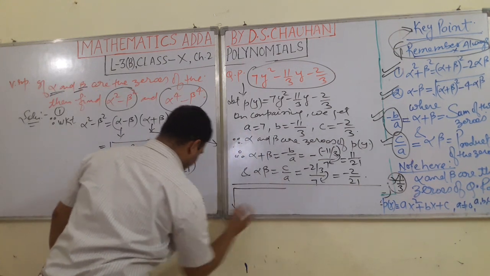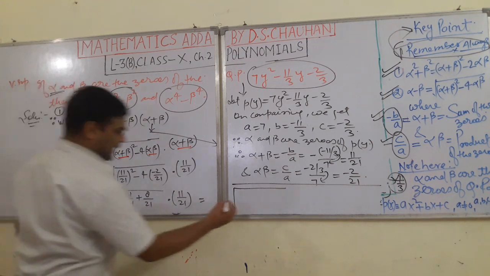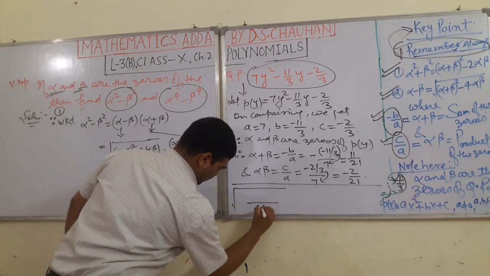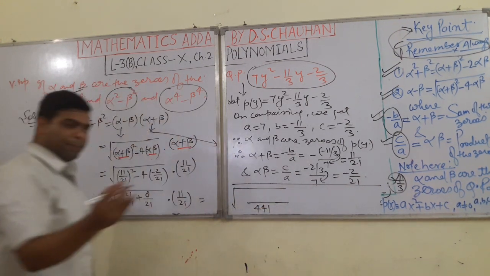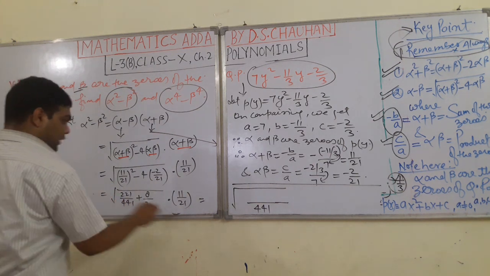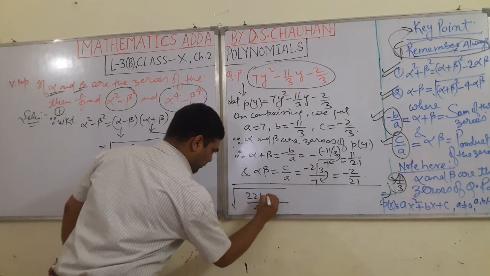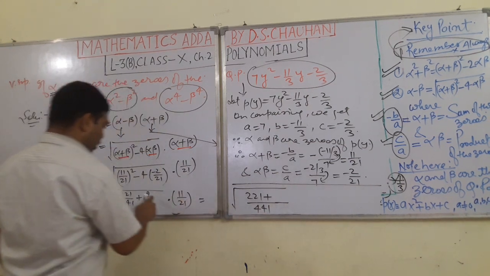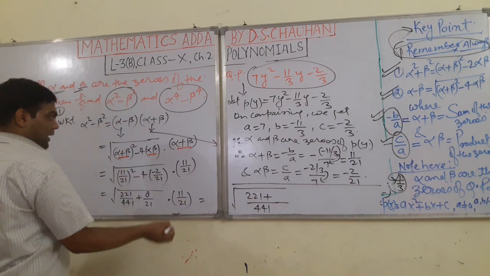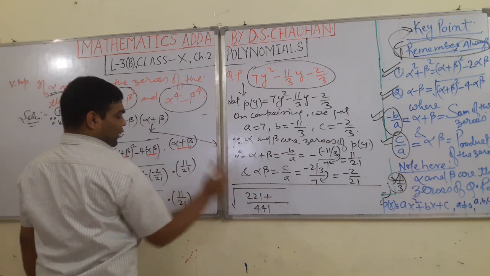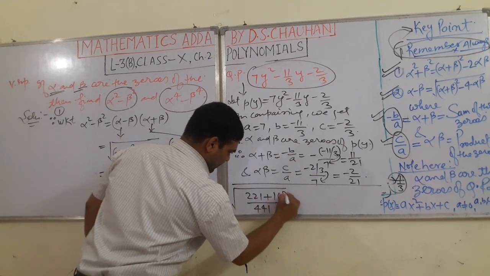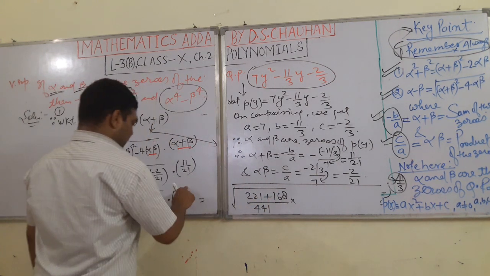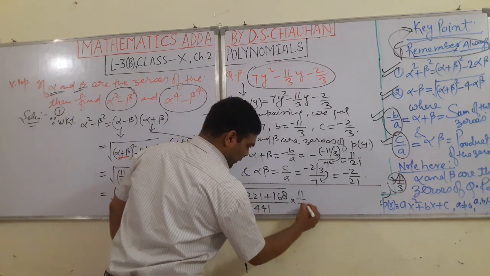By taking the LCM, 441 is the LCM, which is the perfect square of 21. Here we have 121 plus, and this 8 will multiply by 21, giving 168, multiplied by 11 upon 21.